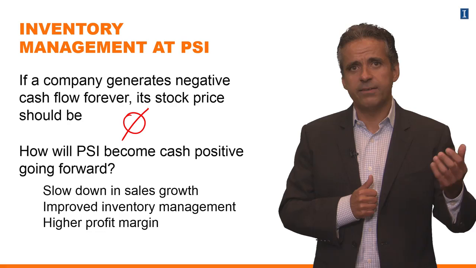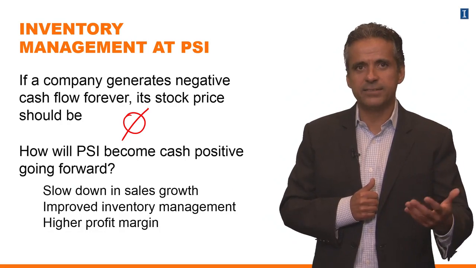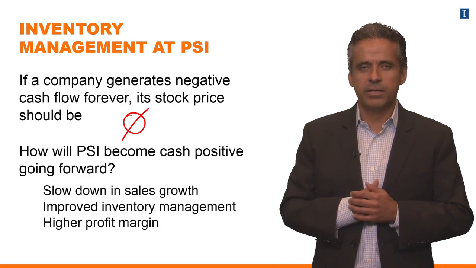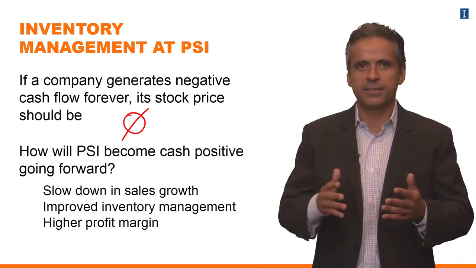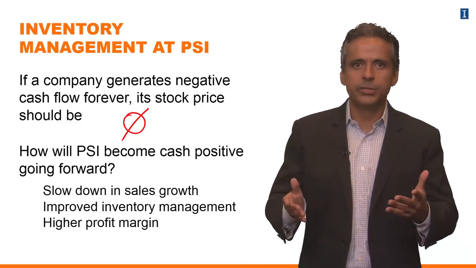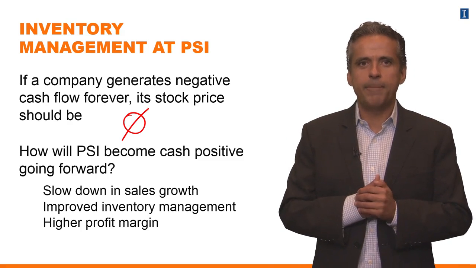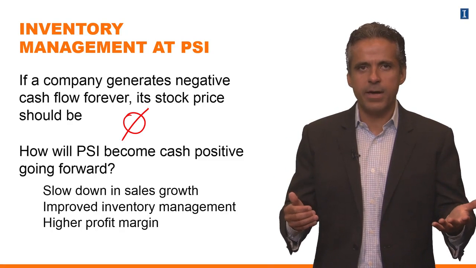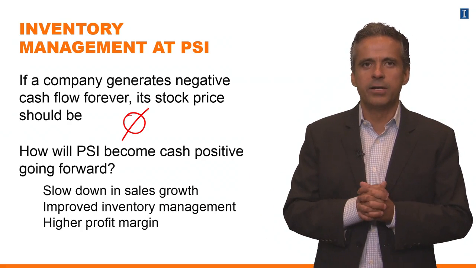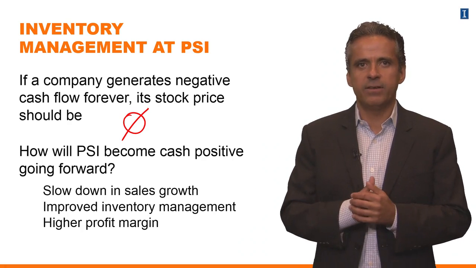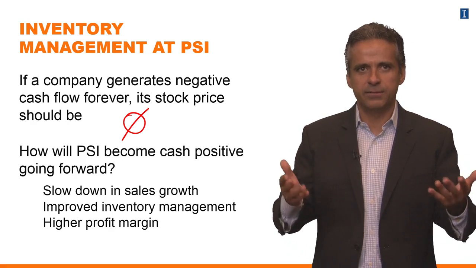So if sales growth slows, then this problem is going to change. It's actually one of the examples that we have in our assignment for you to try to show that. So there's going to be an exercise where you show that. In addition, the company might consider changing working capital management. Perhaps what PSI needs is improved inventory management. Maybe you're keeping too much inventory. You have to move towards a situation where you have more just-in-time inventory and try to generate cash quicker.